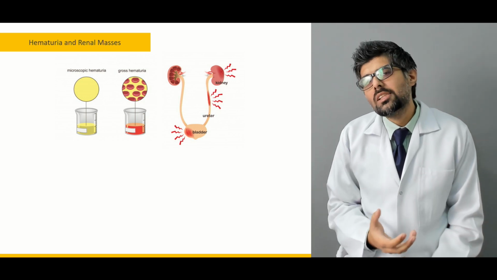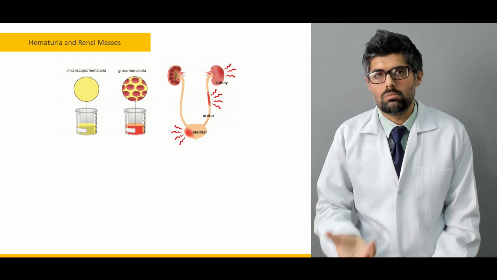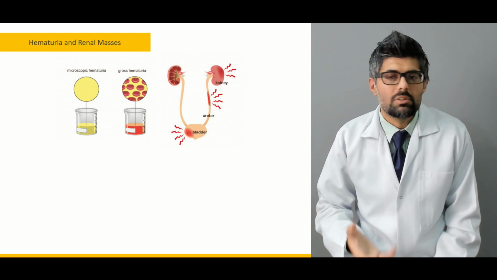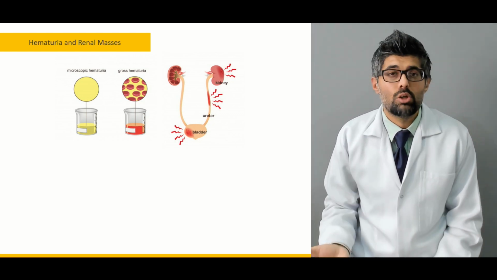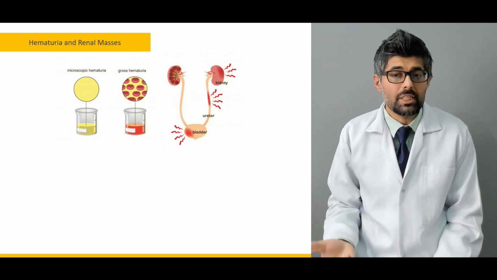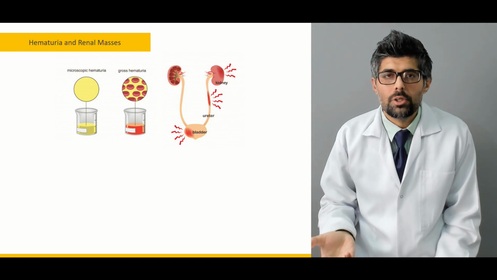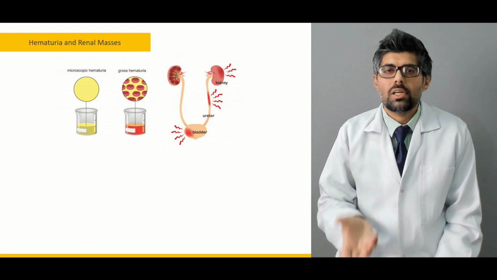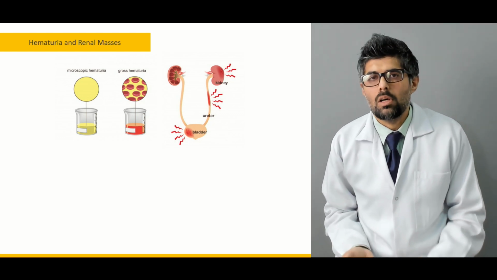Now, where does the blood come from in hematuria? Usually, the site resides either in the vasculature of the kidneys, either or both kidneys, the ureter, the urinary bladder, or even the urethra.